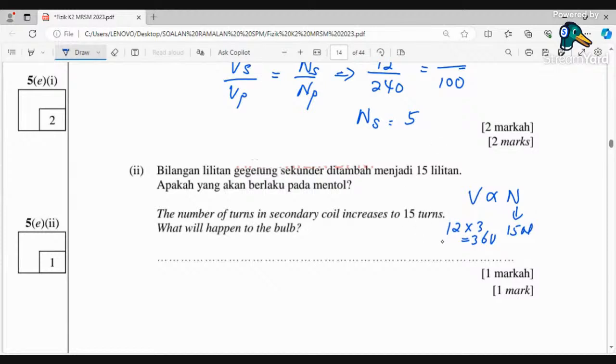Okay, the bulb can only receive the maximum, the labelling there is 12 volt. So the current will be very large. So what happened to the bulb? The bulb will be spoiled, or the bulb blows. Burn also can.